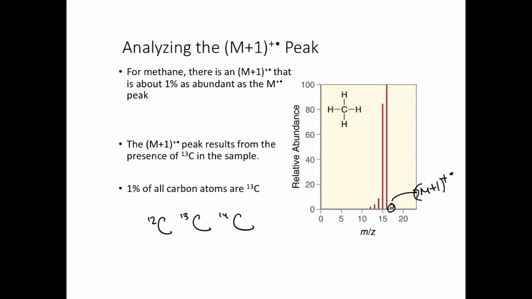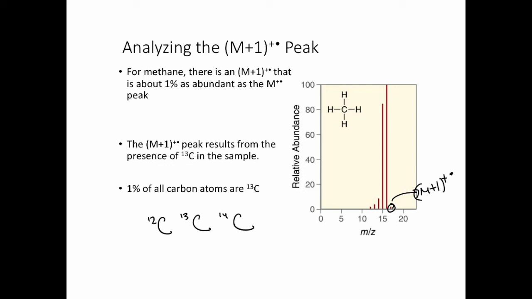However, when we're thinking about a mass spec, that mass spec is going to detect the exact mass of the particular carbons in your sample. So a particular carbon is going to be either carbon-12 or carbon-13. There's so few carbon-14 atoms, we don't have to worry about it. So about 1% of all carbon atoms are carbon-13.